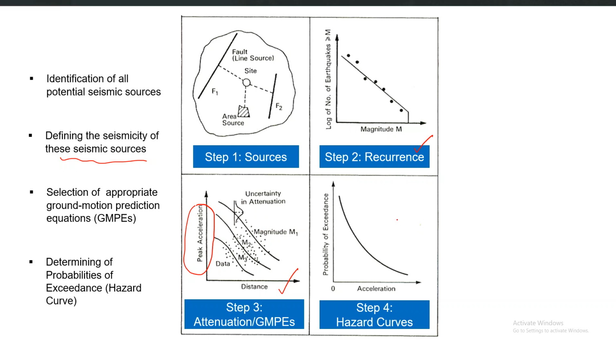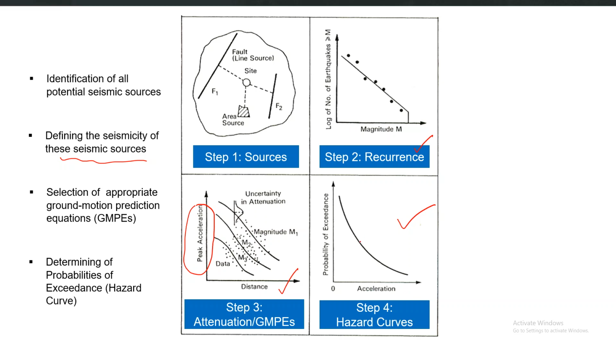The last step is the determination of the probability of exceedance, or annual frequency of exceedance, for example, as a function of peak ground acceleration or the seismic hazard parameter or ground motion parameter.